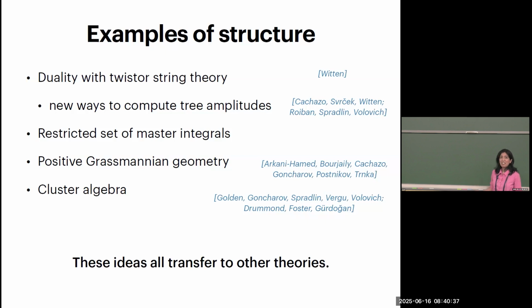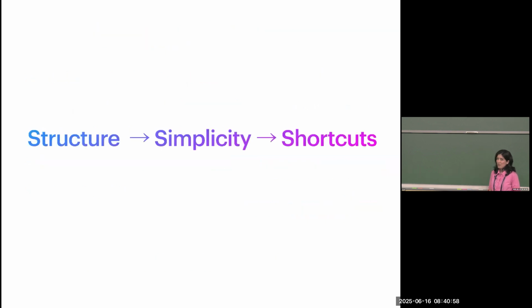And the point of studying this kind of structure in n=4 super Yang-Mills is that, to some extent, everything that you find there, even though it's a highly symmetric and very special theory, many of these ideas, all of them to some extent, can be transferred to other theories, which is why we keep coming back to n=4 super Yang-Mills. So from the structure we see in amplitudes, of course, that exposes the simplicity that I'm focusing on, which then for practical applications can lead to shortcuts and new methods for computing amplitudes.